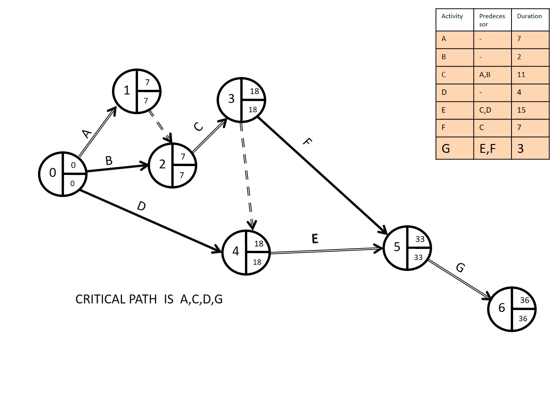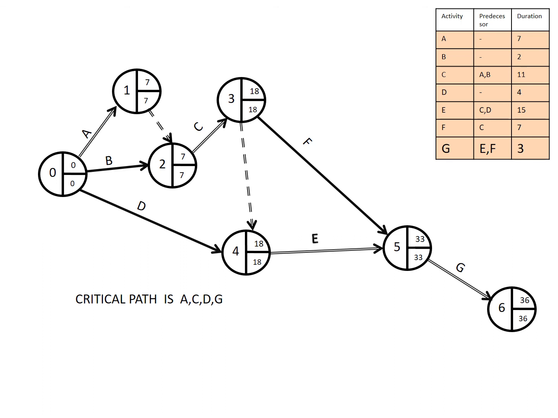Essentially, what it does is allow you to convey the finish time of one particular activity to the start time of the next activity. That means, for instance, from event 1 to event 2, and then from event 3 to event 4. So that is how you can draw a CPM network.